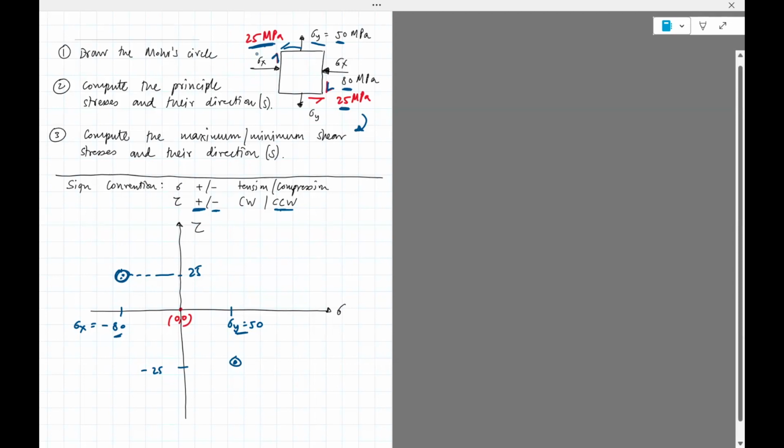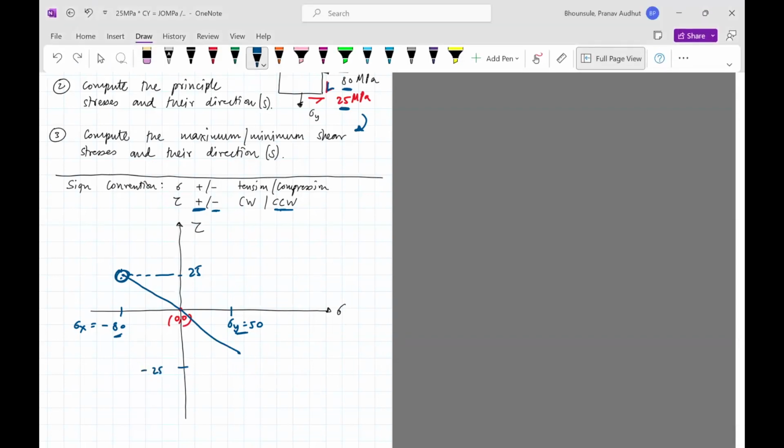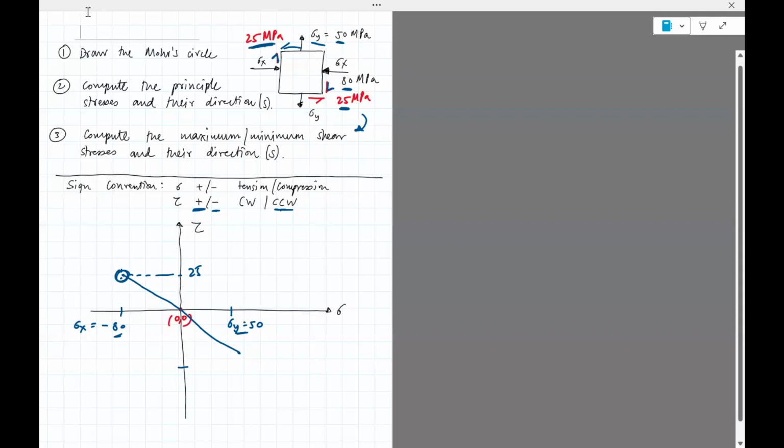Yeah, I didn't quite draw it right. Should pass through. I'm going to just fudge this because my scale is not quite right. Okay, so those are the 2 points of interest.